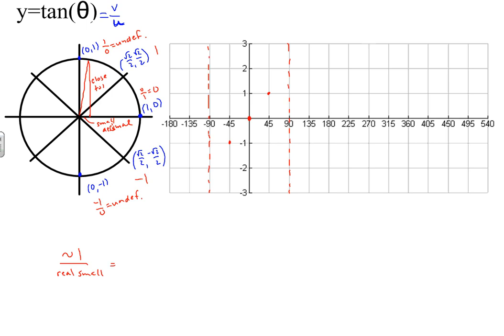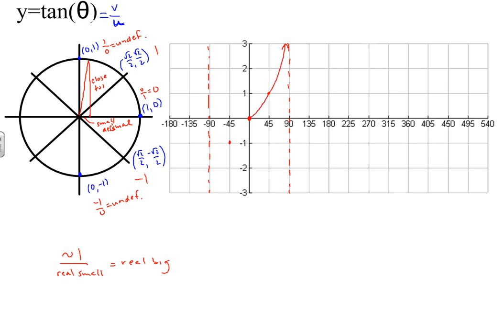So if I do something that's about 1 divided by something that's really small, what I'm going to get is something that's really big. So as I get closer and closer to 90 degrees, my tangent value gets bigger and bigger without bound. And that's exactly what happens. I get this vertical asymptote here.